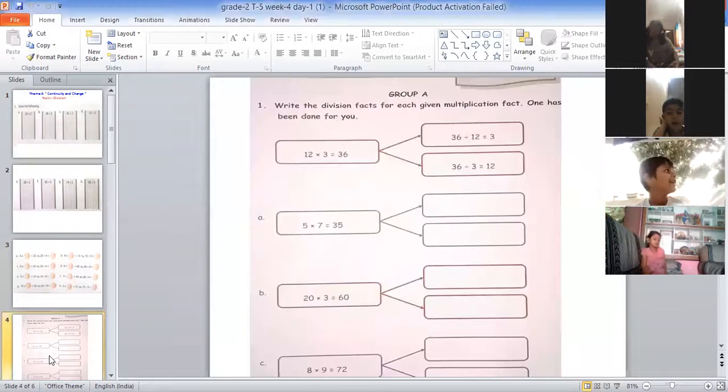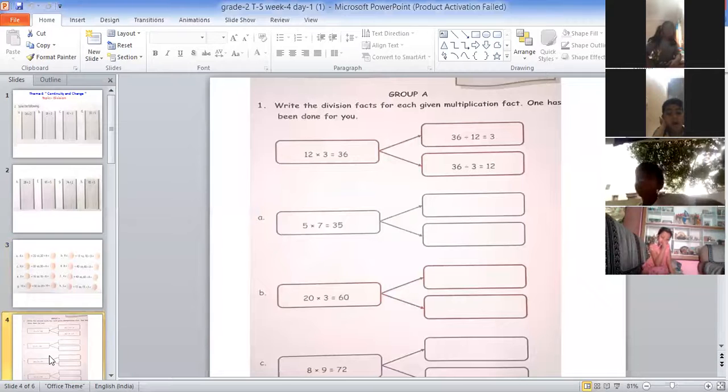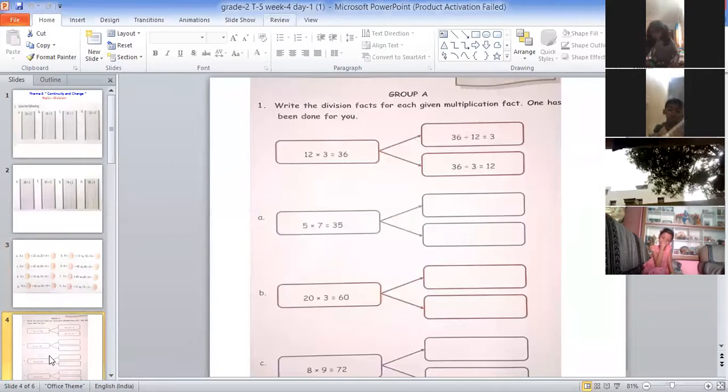Okay, children, so we'll start week 3 in your math course book. I'll tell you the page number. Open your math course book, children, and you have to open page number 12. Please open page number 12 of your math course book.